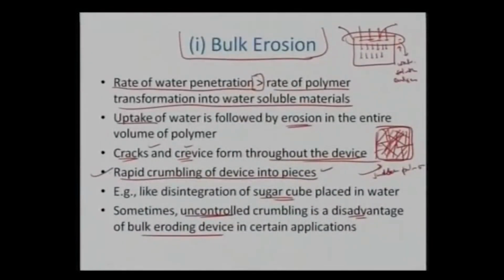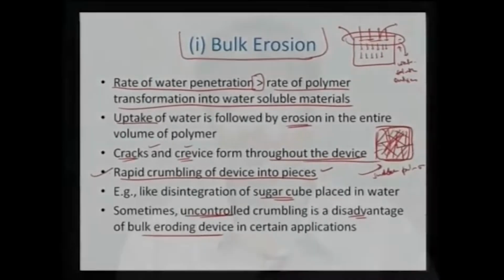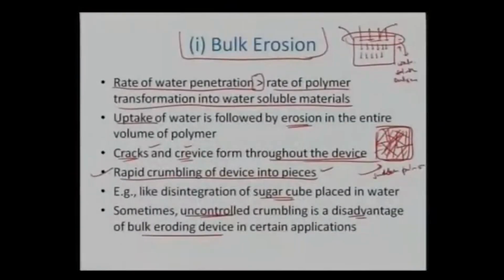For example, in drug delivery, we want a very controlled degradation of the polymeric material. That can be attained when we can control this bulk erosion and make it much more surface sensitive. In case we have only surface erosion occurring, we can somehow get over this particular disadvantage.